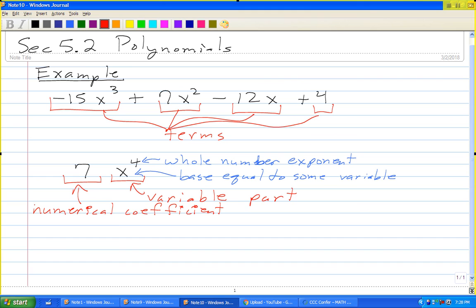Usually, since it consists of a number, we just call it the coefficient, because it's sort of redundant saying it's a numerical coefficient, since it's a number.